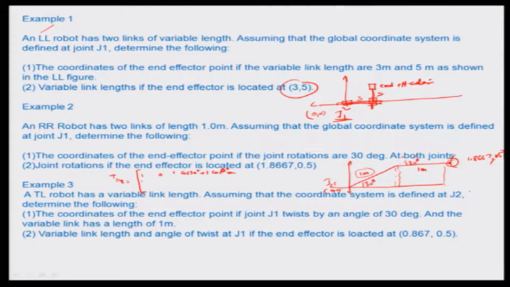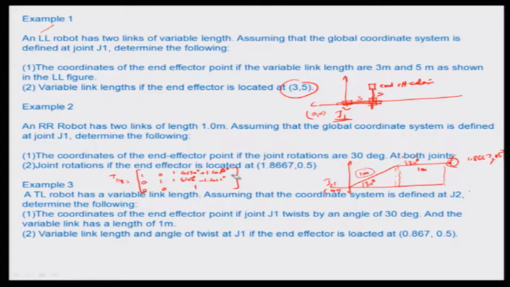And then the second line becomes 0 1 and L2 sin theta, that means 1 sine of 30 degrees minus 1 cosine of 0 degrees, and then you have 0 0 1, as the transformation matrix TRR.